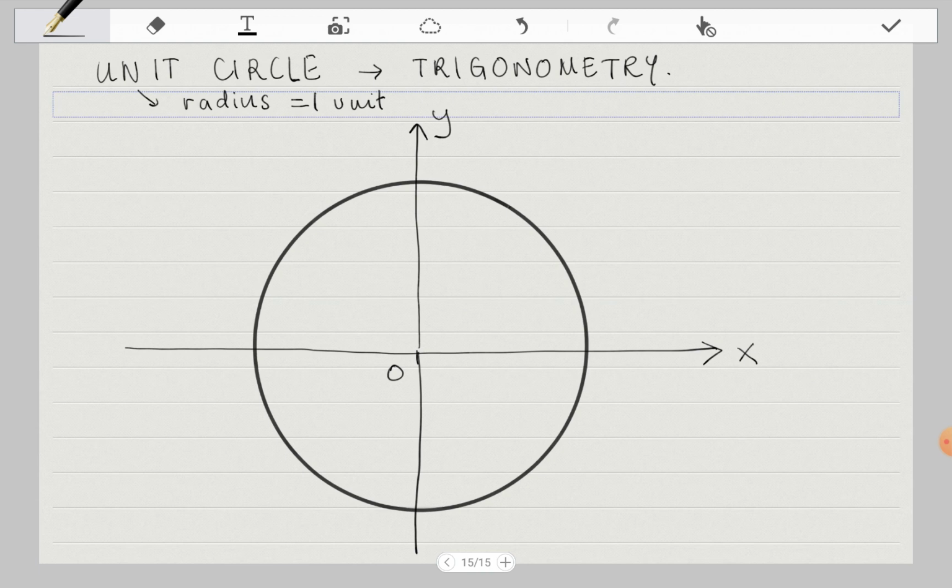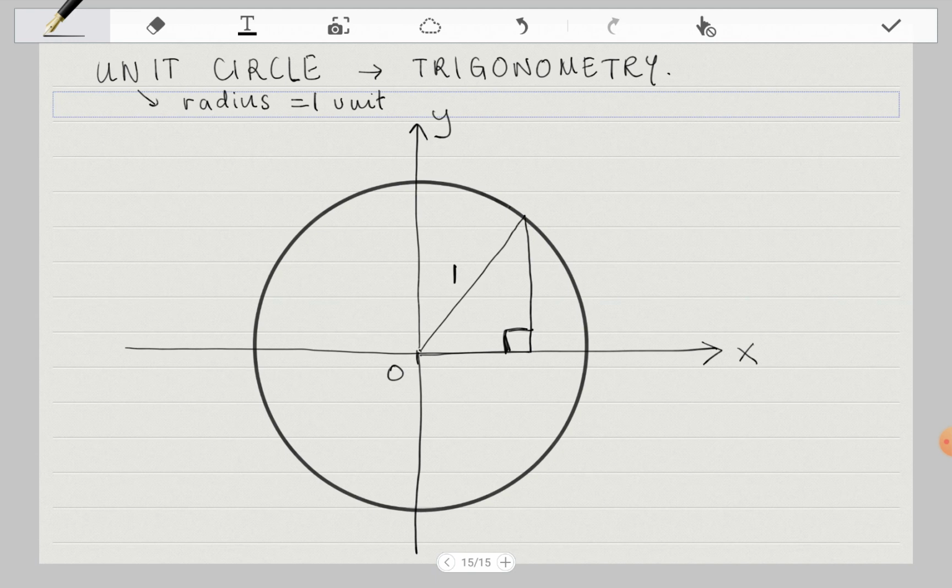And if we draw a triangle in here, so let's bisect there. What we have here is a little right angle triangle in a circle, and obviously this is a radius of 1. So we have a little right angle triangle with a radius of 1.